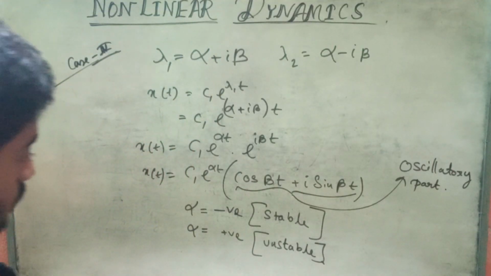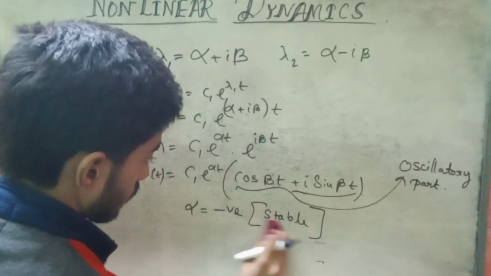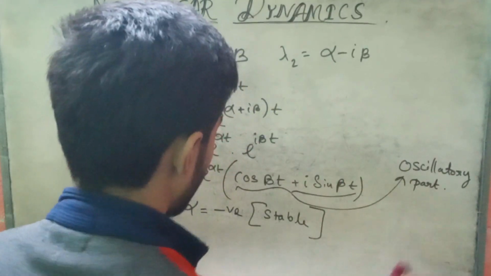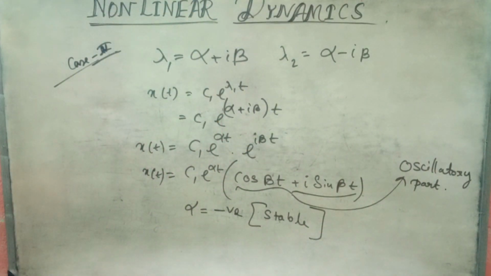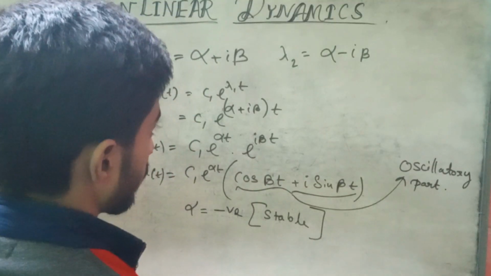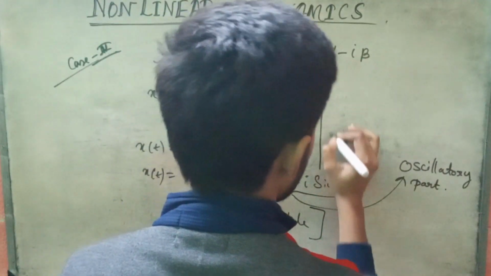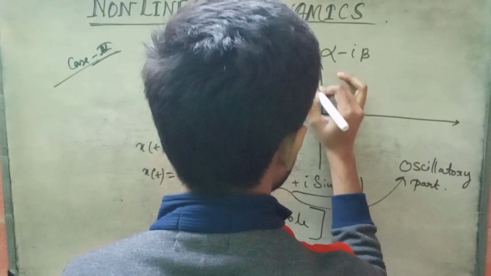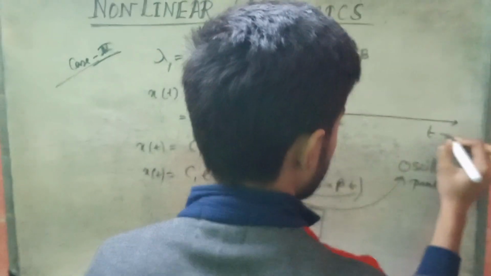Now consider when alpha is negative, what happens? Let's draw x(t): along y this is x(t) and along x this is time t.